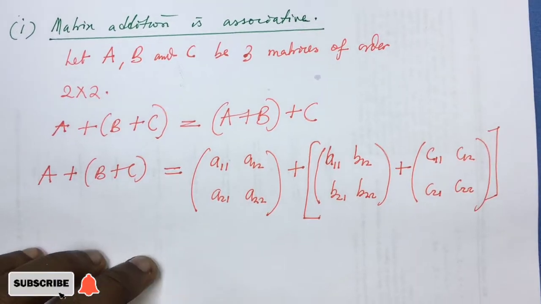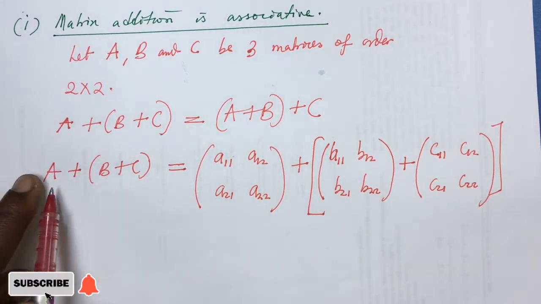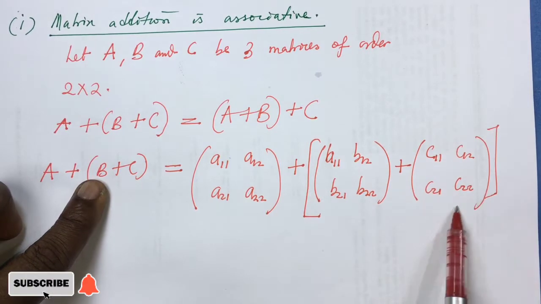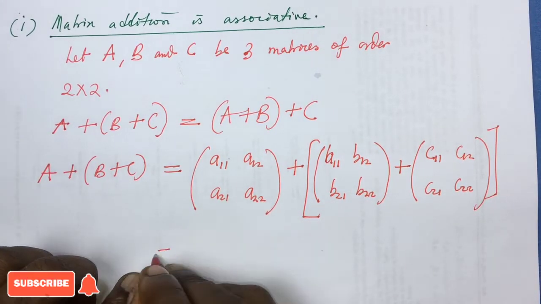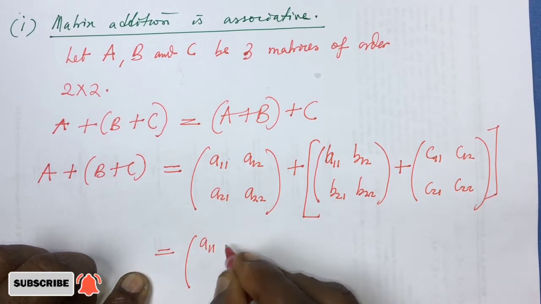Okay? Now, what have I done? I am adding B plus C in this bracket, and I'm adding it to A, whatsoever I get as my result. So, I'm going to handle the inner bracket first.